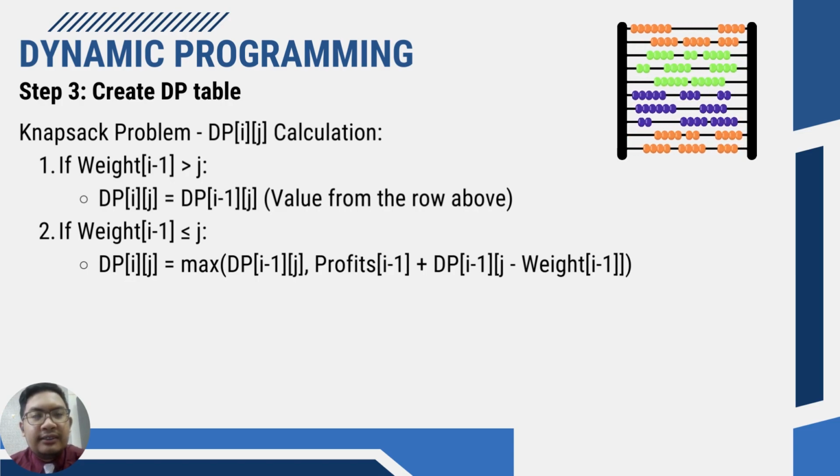And if it is less than or equal to j, then the cell will be calculated as the max between dp[i-1][j] and profit[i-1] plus dp[i-1][j - weight[i-1]].